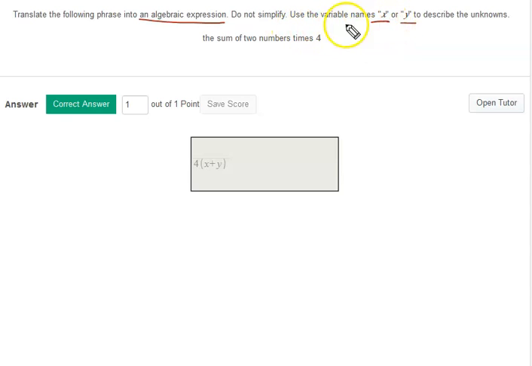Well, how do we express these two numbers, and especially as a sum? Well, you'd have to put them in a parenthesis. So that would be X plus Y. This then expresses the sum of these two variables. And you're going to multiply that by 4. So you put the 4 out in front. And that is correct. All right, let's go on.